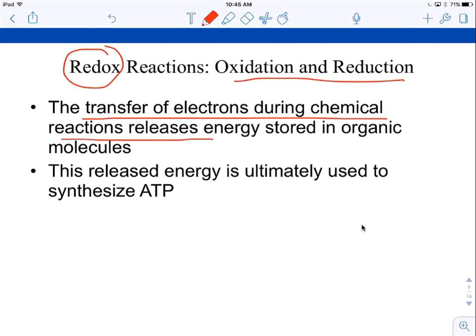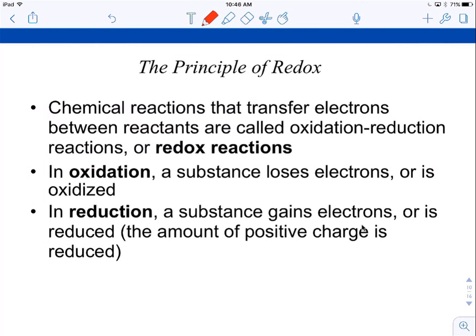Okay, so this transfer releases energy and releases the energy stored in organic molecules. The energy is ultimately used to synthesize ATP. So in order to see where the energy is going and how it is released, we're going to look at what oxidation and reduction are.